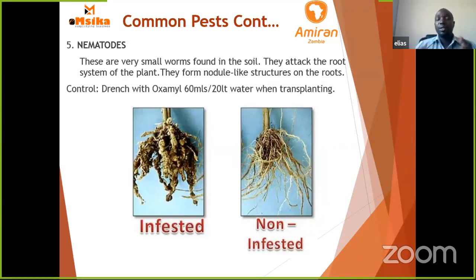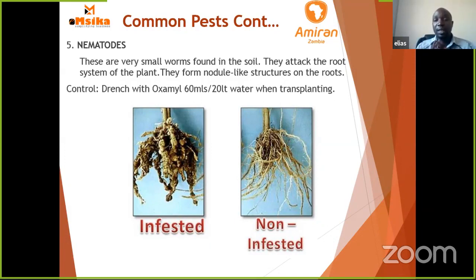So the first sign you see will be the wilting up there on the plant. The plant will start wilting from nowhere, and also the stem will look like it doesn't get enough water, even when you give it enough water. So when you see such signs, of course the stem won't change color in a while, but what you do is uproot the plant and check on the roots.